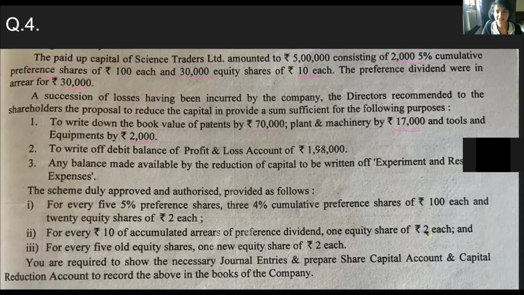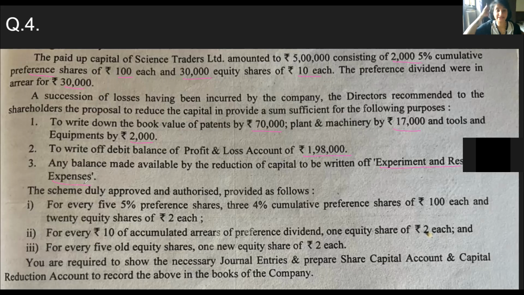Along with that, there is a debit balance of profit and loss account that is also to be written off. Any balance made available by the reduction of capital is to be written off to the experiment and research expenses. So whatever balance is left out, we will write off.